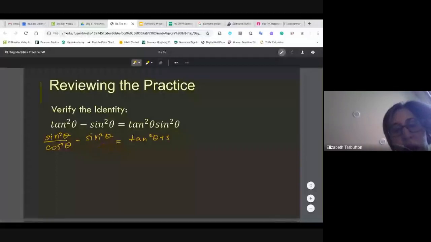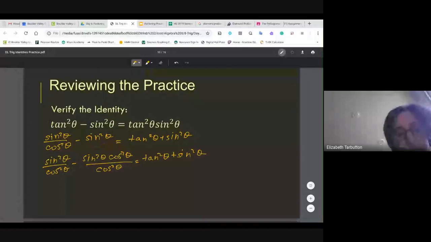Now I have a fraction that I want to add, and so I need to make common denominators for that. So I'm going to turn sine squared theta into sine squared theta times cosine squared theta over cosine squared theta. And I want to keep that right side exactly as it is.